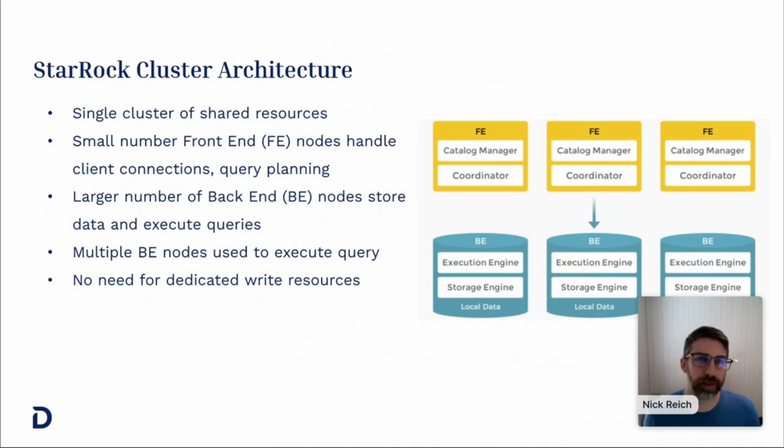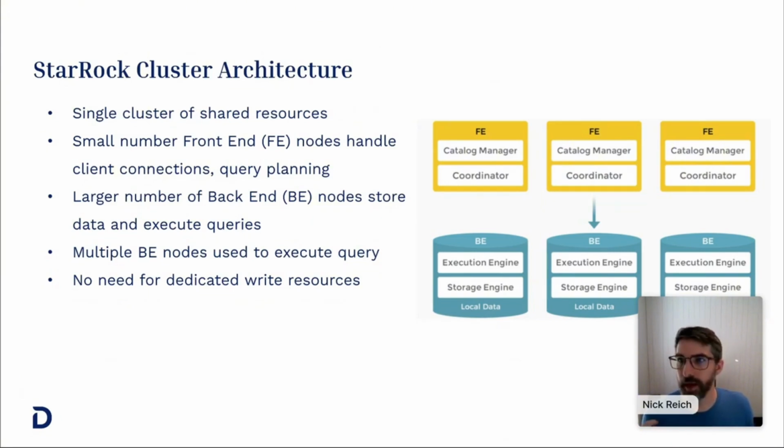So just a quick look at the StarRocks cluster architecture. We went from having 40 ClickHouse clusters to trying to do this in just a single cluster of shared CelerData resources. That cluster has a small number of these FE nodes. Those handle the client connections, query planning, those kinds of things. And then a larger number of backend nodes where the actual data is physically stored.